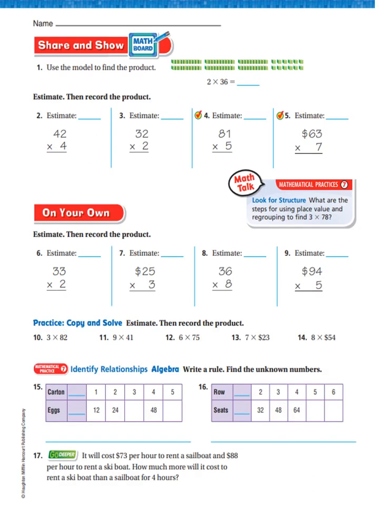Okay, so now I want you to complete this page, all right? And you can do partial product or you can do what I call the old-fashioned way, all right? Make sure you do your estimate, work out these problems, okay? Now, identify relationships using algebra, write a rule.